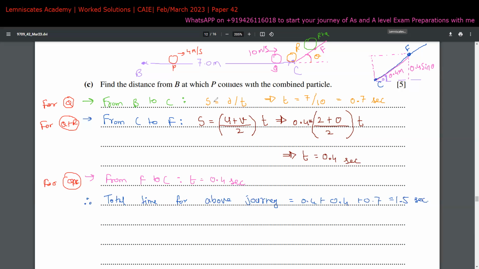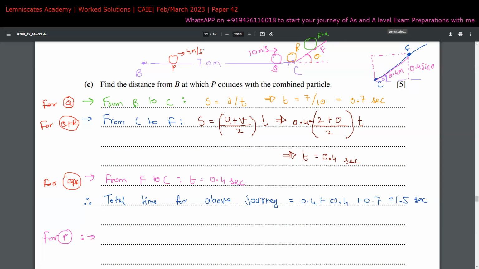Now we have to figure out how much of the journey P has traveled during this time. Has it gone beyond 7 meters, or has it still not traveled that 7 meters? Let's check the condition. So for P, we are checking if it has traveled BC or not. Let's assume it's still traveling on BC.